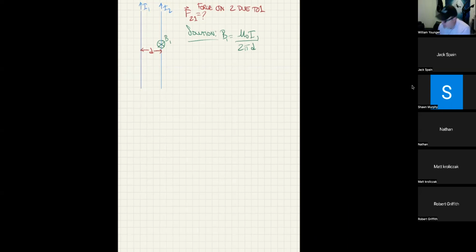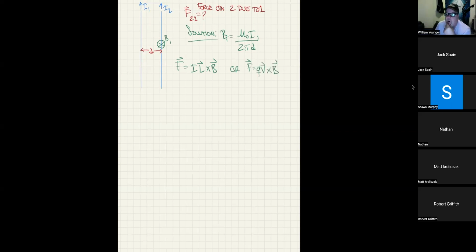Now, at this point, you can use either F equals IL cross B, or I like to use F equals Q V cross B, because I never think of that one. It says "Bill" when it's not in the direction that I need it to be, so it aggravates me. And this actually works either way.